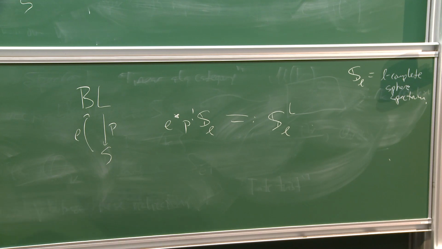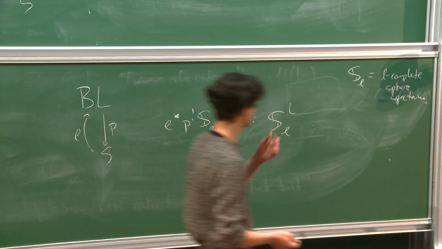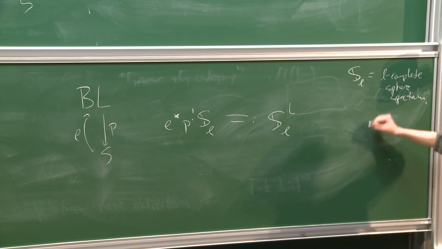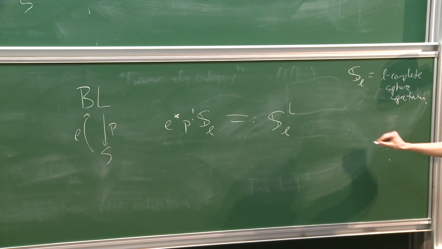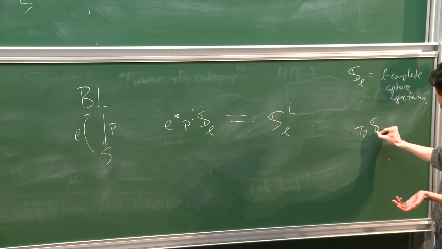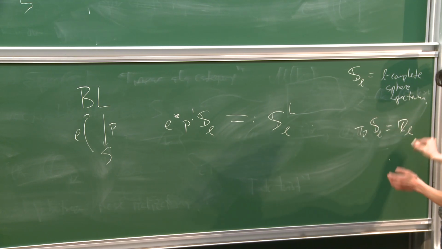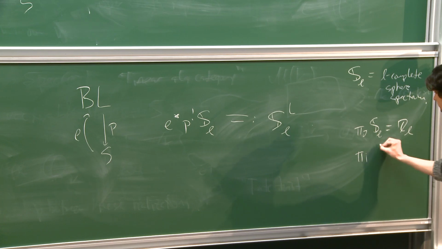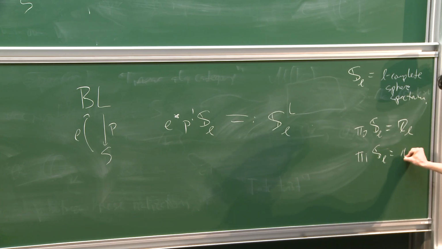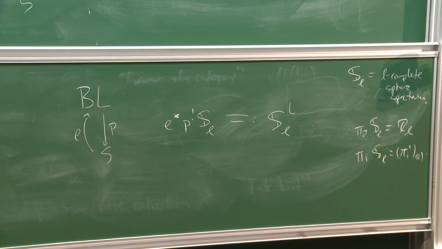It is a spectrum, so it has homotopy groups, and the zeroth homotopy group is the L-adic integers, and the ith homotopy group is the L part of the ith stable homotopy group of spheres. You took the sphere spectrum and L-adic completed it. Yes, exactly.